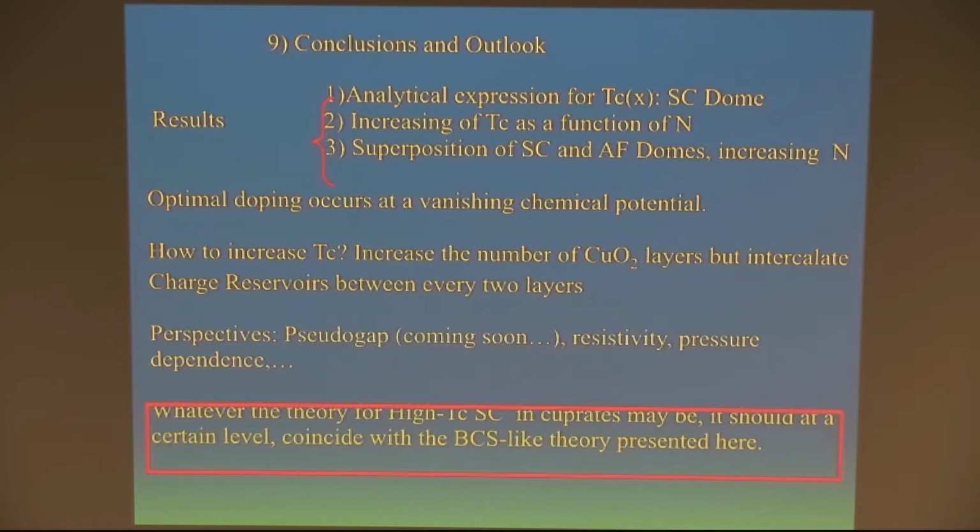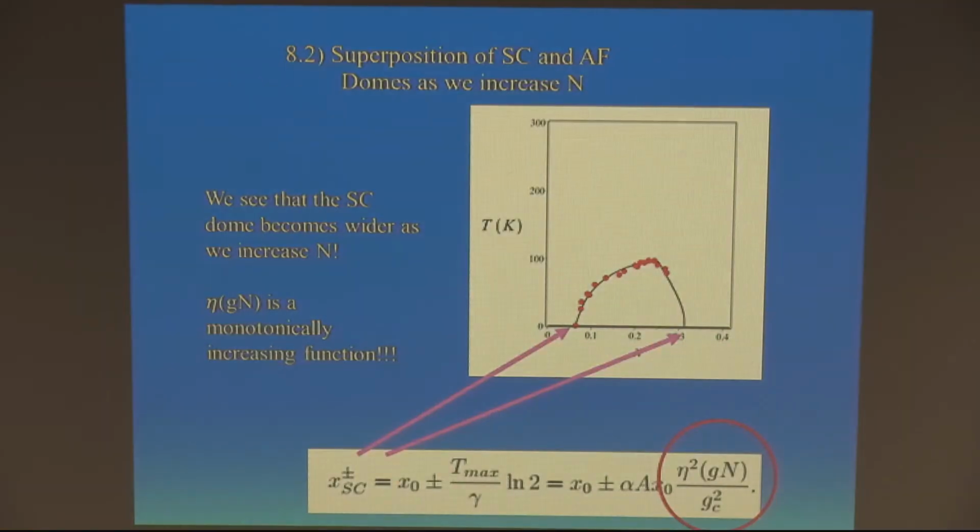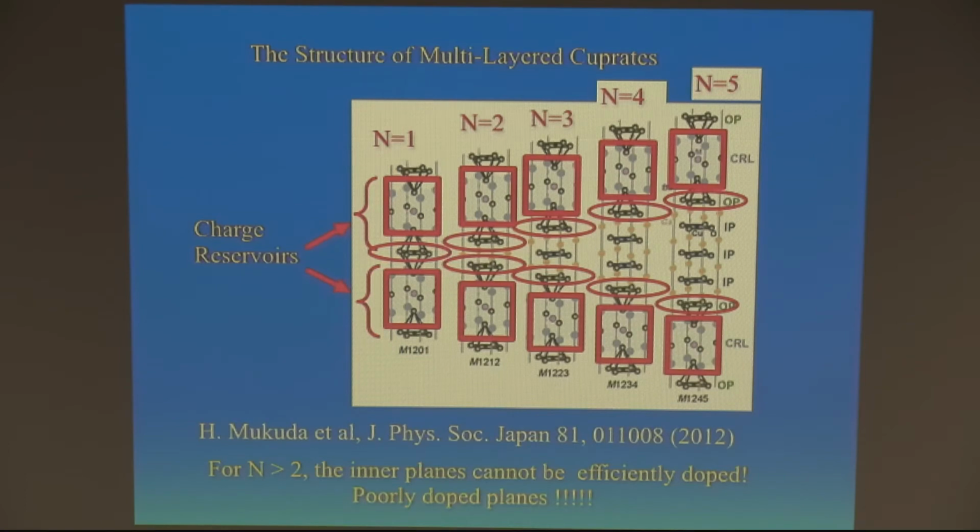A consequence of our results is that optimal doping corresponds to a vanishing chemical potential. Based on this analysis, we can suggest a way of increasing Tc. How can we increase Tc? It's of no use to increase the number of planes because we cannot dope them properly.